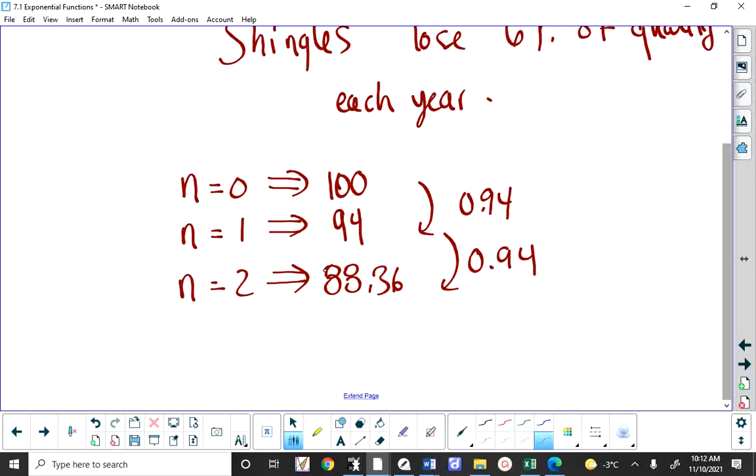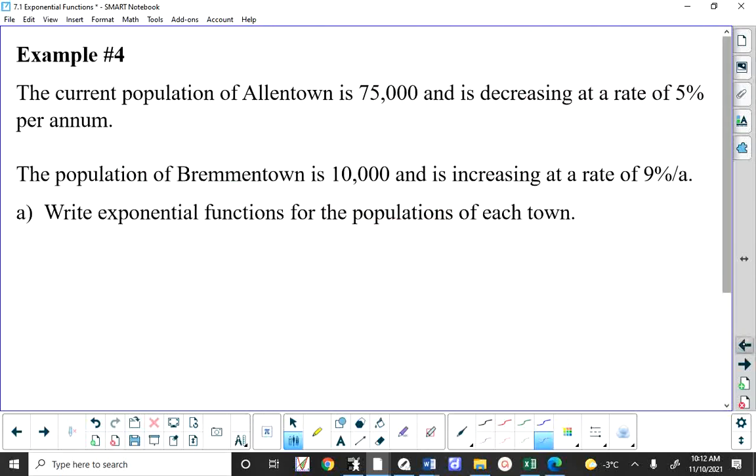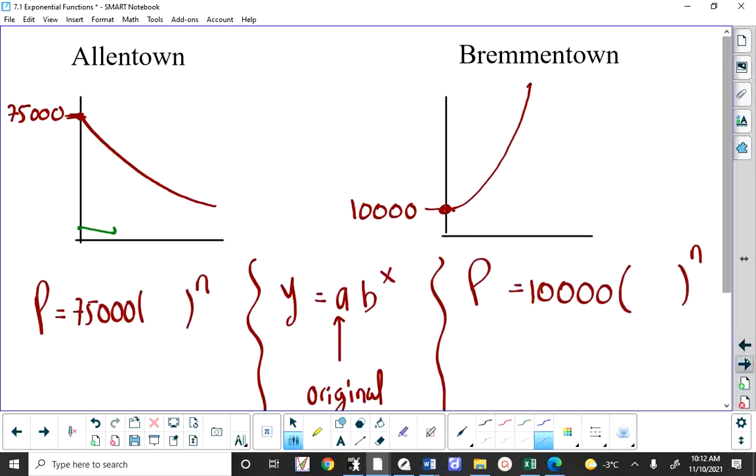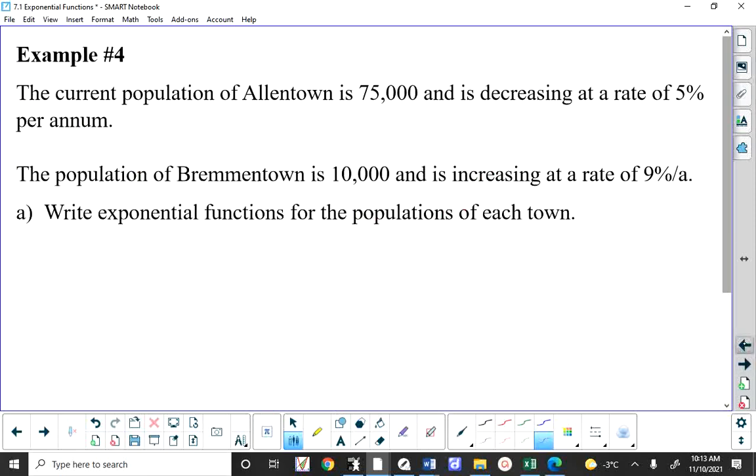And what this means in this question is if Allentown is losing 5% per year, the base, which is the factor of change or the common ratio or the thing that the population gets multiplied by yearly, is 0.95. And Brementown is exploding, maybe giving them too much credit.